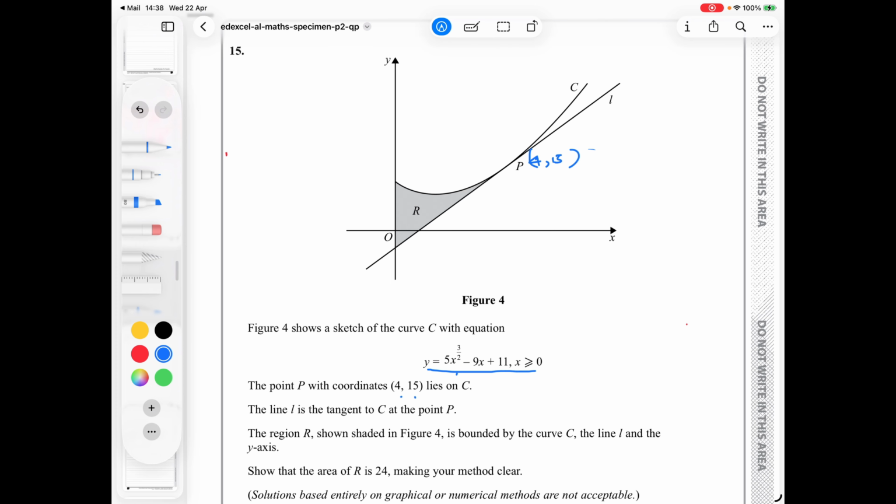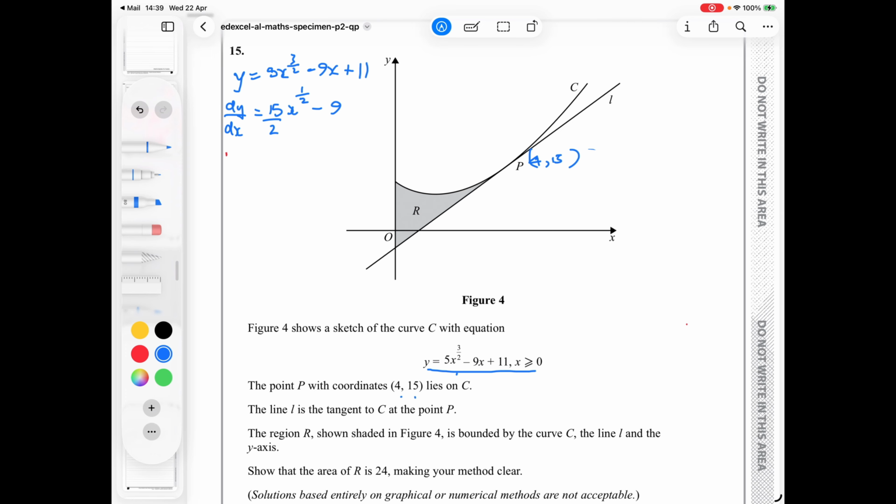So if y equals 5x to the 3 over 2 minus 9x plus 11, then we know dy by dx equals 15 over 2 x to the half, minus, and that would just be 9. So we've got that as our thing.